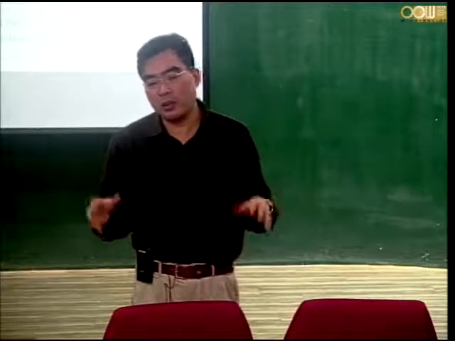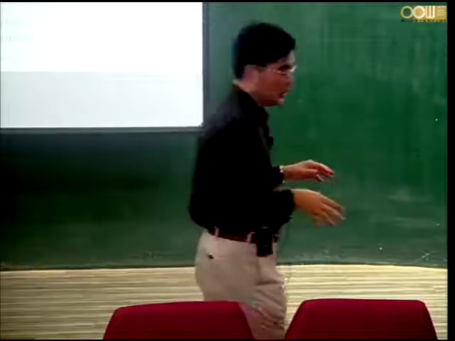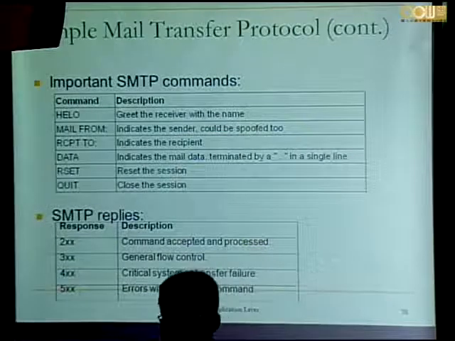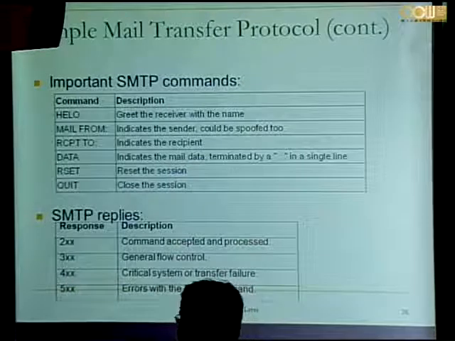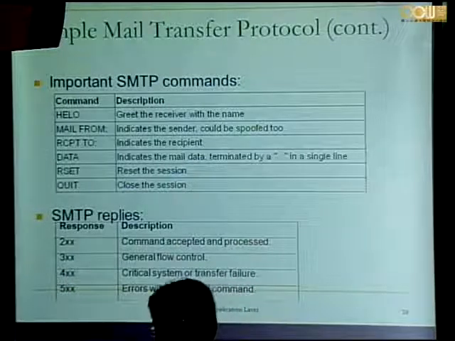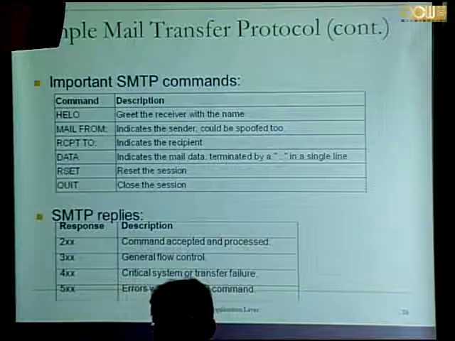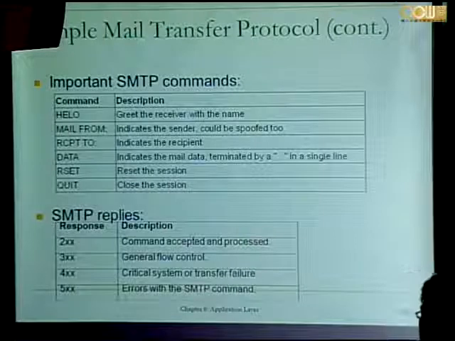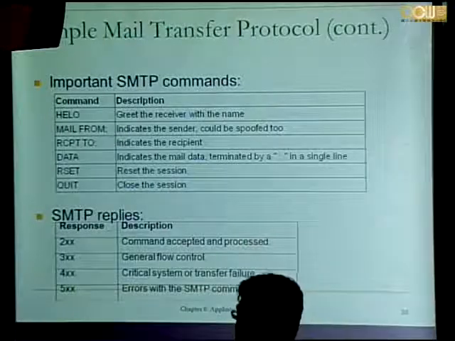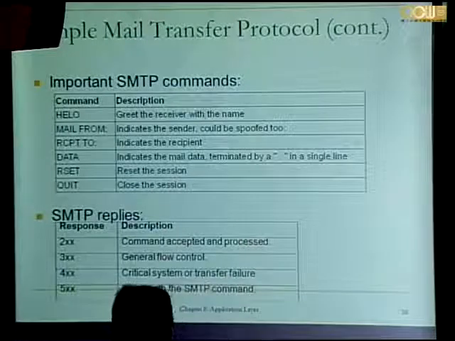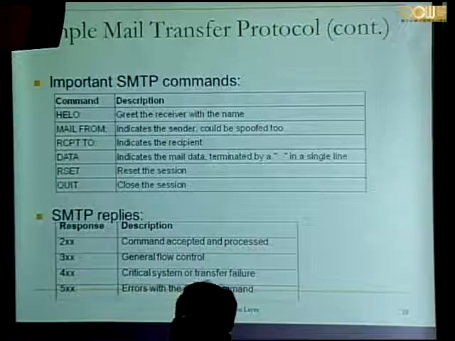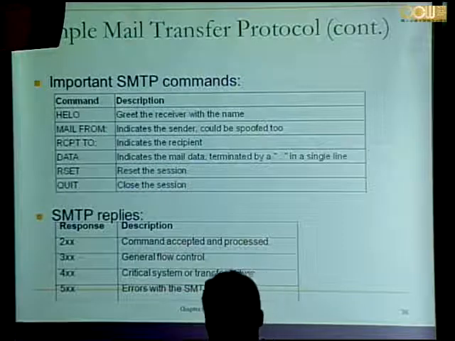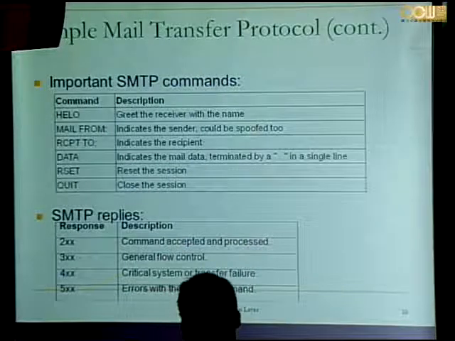So FTP is the only application that does out-of-band signaling, having control message and data message on separate TCP connections. All the other applications use in-band signaling. That is mixing the control message and data message together in one TCP connection.